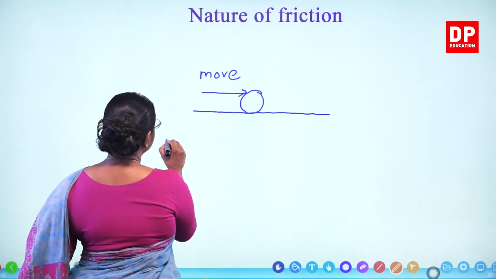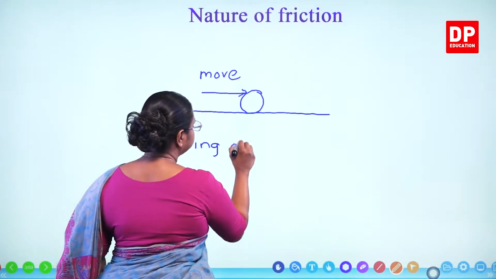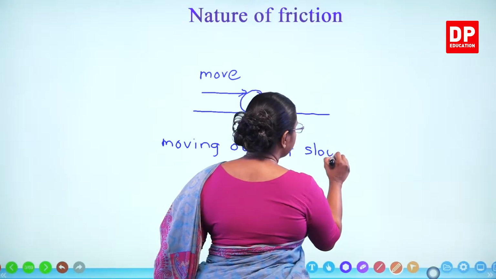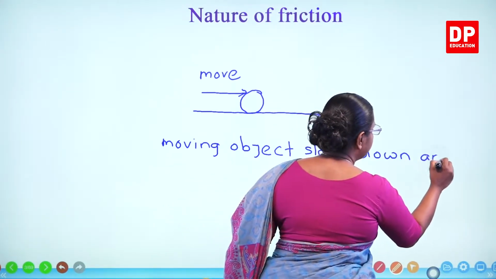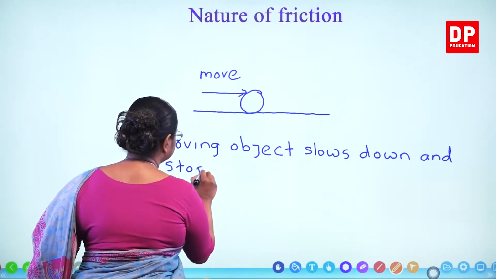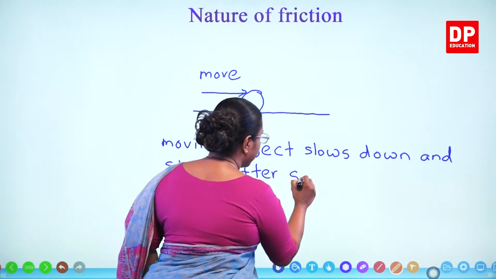So here the observation will be: moving object slows down and stops after some time.